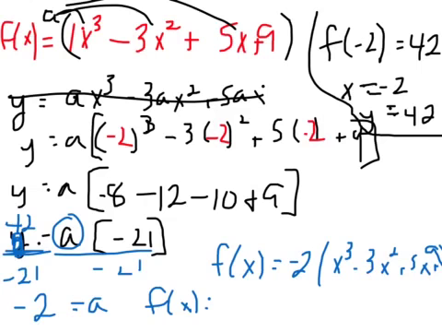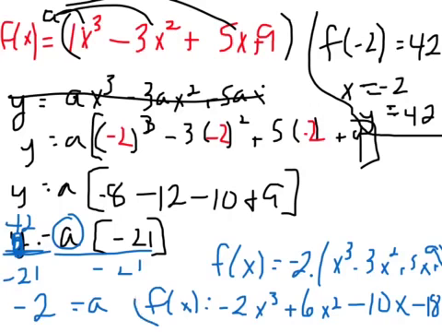If I multiply that out, negative 2x cubed, negative 2 times negative 3x squared would be plus 6x squared. Negative 2 times positive 5x would be minus 10x, and negative 2 times 9 is minus 18. If I can get the 18 on there, I can have my answer. Oh, good, it fit. Here's my answer.